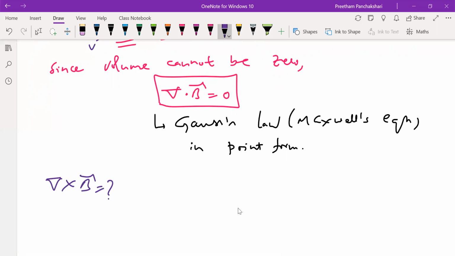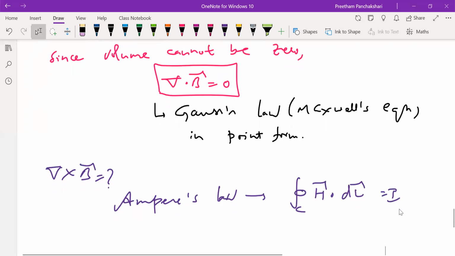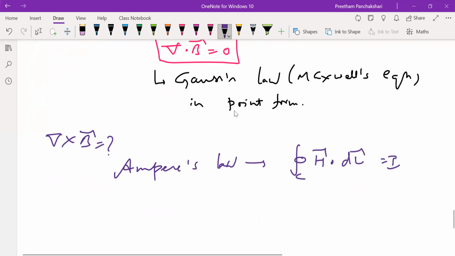To answer this, let us recall Ampere's law, which is given by the closed loop integration of H is equal to the total current enclosed. The same Ampere's law in point form is defined as curl H is equal to J, right?